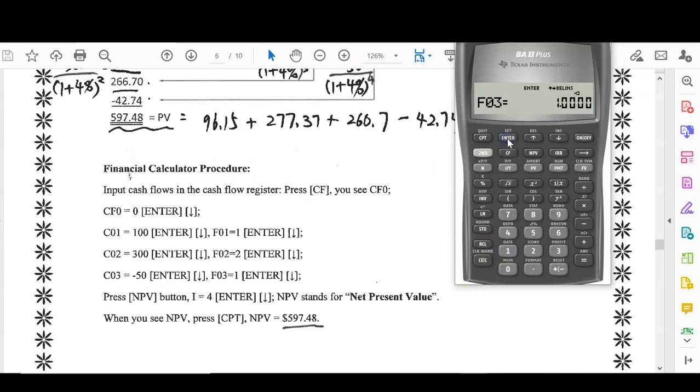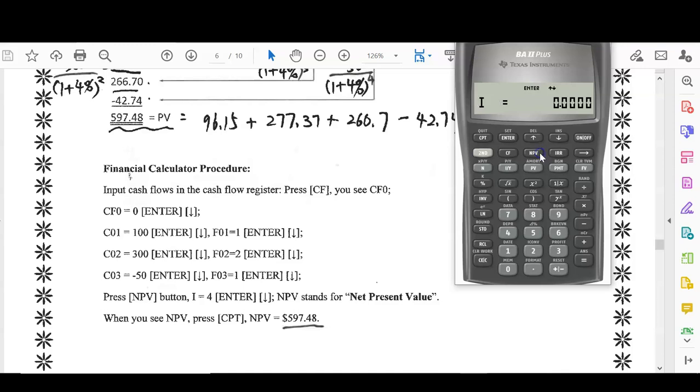Enter. And I would also press the down button to check. There's nothing as cash flow 4. Nothing. I press the down button and come back to cash flow 0. I know that these are all the cash flows I input: 100, 2 300s, and 1 -50. So we can press the NPV button to calculate the present value of this cash flow.